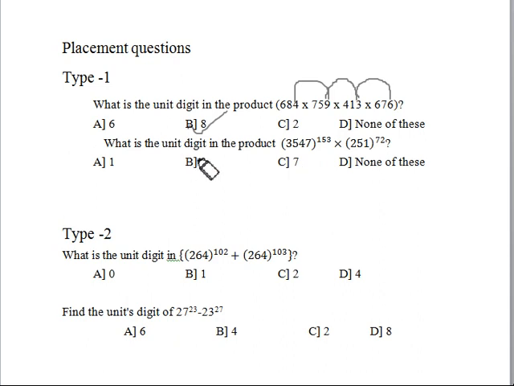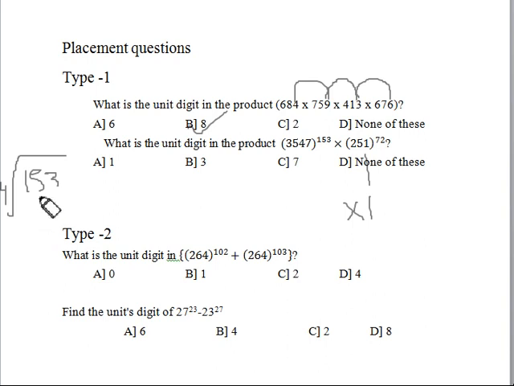Second question: what is the unit digit in the product 3547153 into 251? 1 remains 1, so from here we get 1. Now for 7 you have to remember the cyclicities, or check every time. The cyclicity of 7 is 4. So 153 by 4, what would the remainder be?